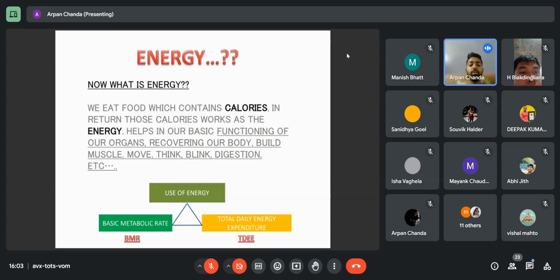That is basic metabolic rate and total daily energy expenditure. Now what is basic metabolic rate? Anyone having any idea about the basic metabolic rate, BMR? Feel free to connect, no problem.